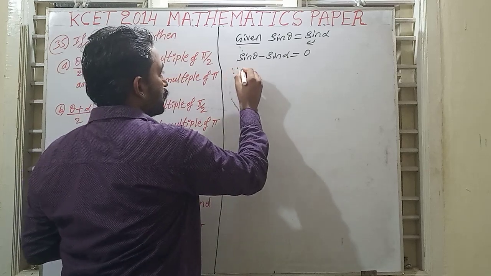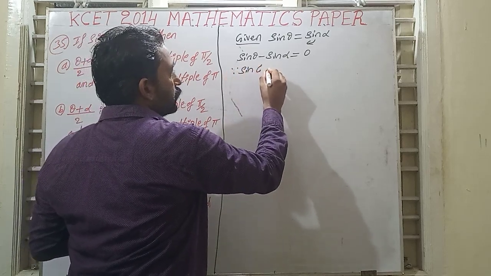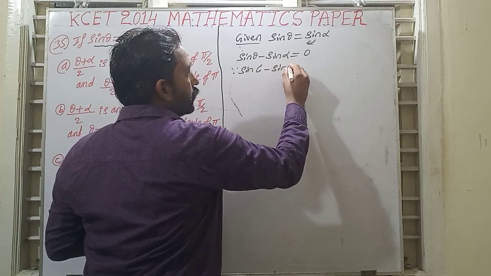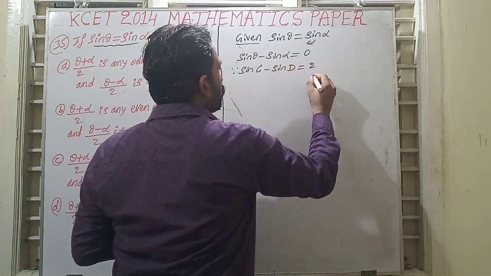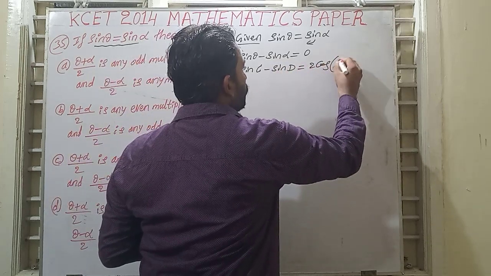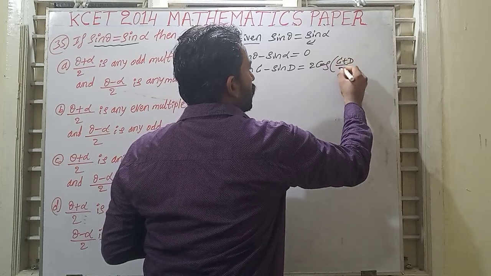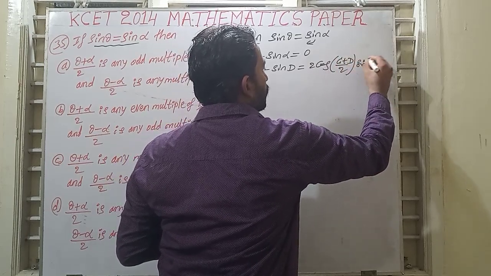We know the formula sin C minus sin D equals 2 cos of (C plus D) by 2 into sin of (C minus D) by 2.